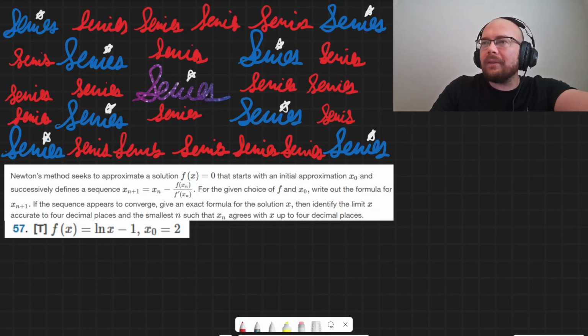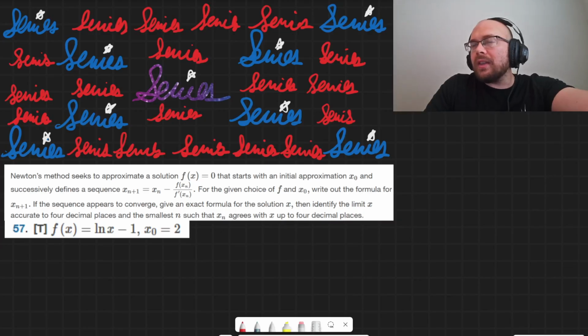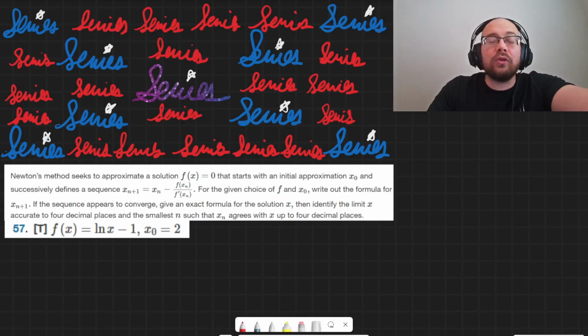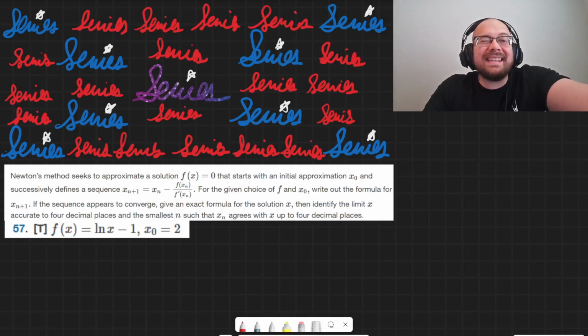I have the answer pulled up off to the side. I put the answer in the problem for 55 just because the directions are kind of crazy. What they want for answers is they want you to plug in f of x sub n and f prime of x sub n. They don't really want you to simplify it that much. They want to know what x is actually equal to, so they want you to plug in 0 for f of x and solve for x so you know what you're looking for, which I think is a good idea anyways, because you should begin with the end in mind.